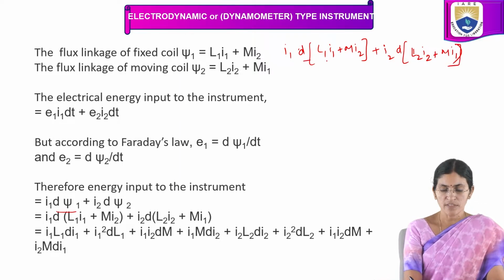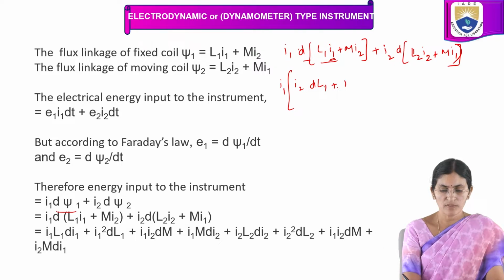Next, we take the differentiation of these two terms. Keeping I1 as constant, we differentiate L1, giving dL1; then keeping L1 constant, di1.